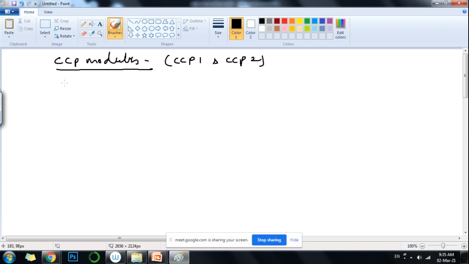And each of these modules can operate in three different modes. One is capture mode, compare mode, and third one is PWM mode. So today let us discuss this PWM mode.